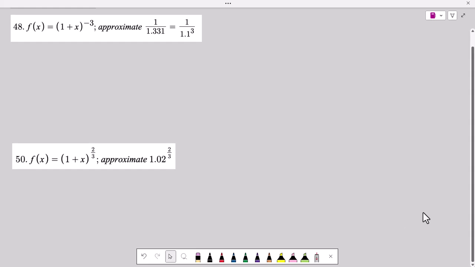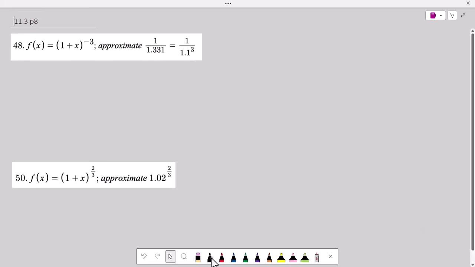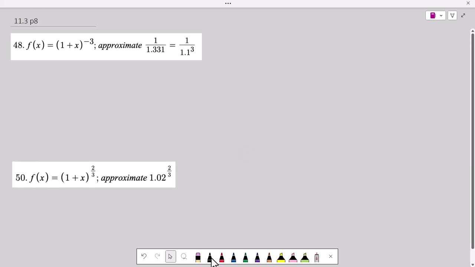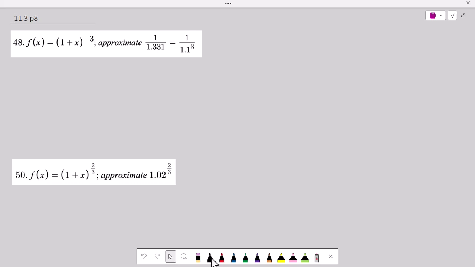All right, so let's try another one here. So now we're going to go to the -3. So p is now -3. So we're saying that 1 over 1 plus x to the 3. We're trying to find an infinite series representation of that, or I should be more specific, a power series. So that means positive integer exponents. All right.